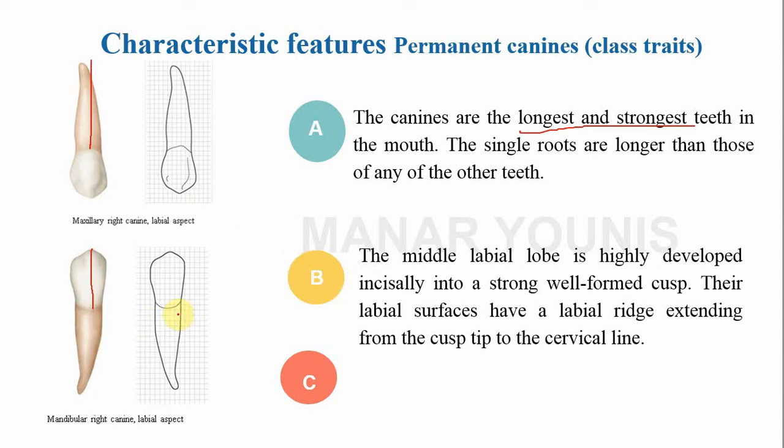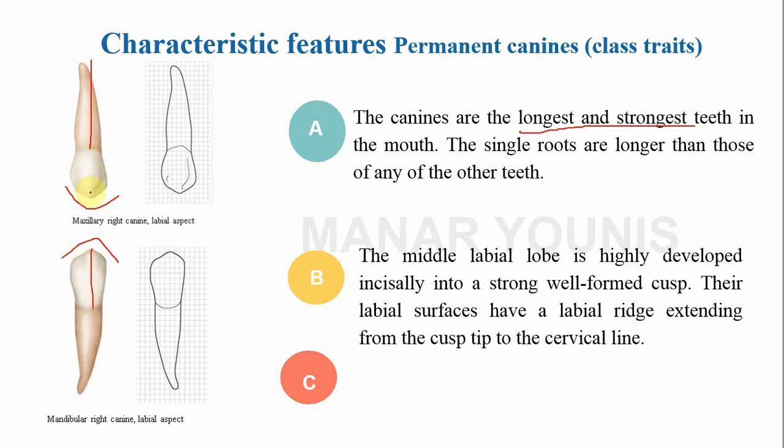Another characteristic feature is that the middle labial lobe is highly developed incisally into a strong, well-formed cusp. So we have a pointed cusp both for maxillary and mandibular canines due to the strong, well-developed middle labial lobe.